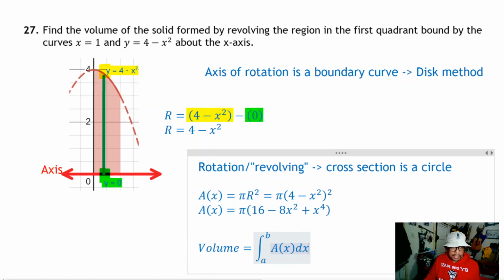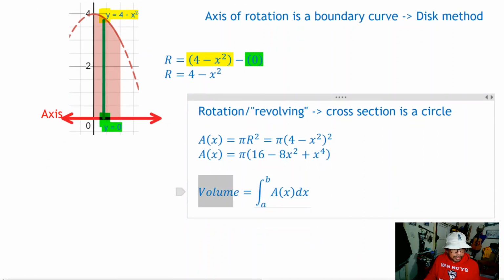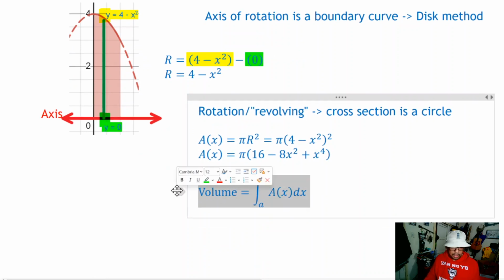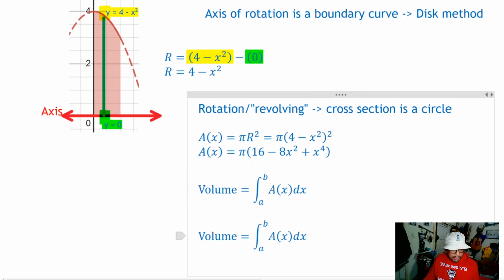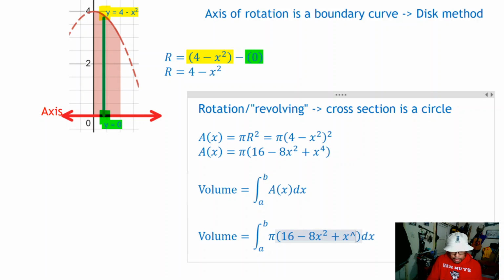Oh yeah, that's looking very nice right now. Everything is making sense. We're going to substitute our area formula, which we just found was pi multiplied by the quantity 16 minus 8x squared plus x to the 4th power.